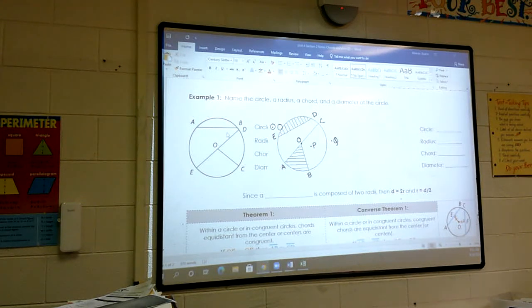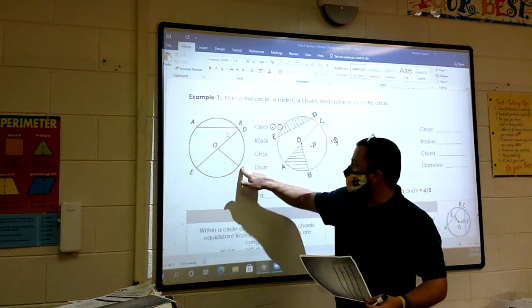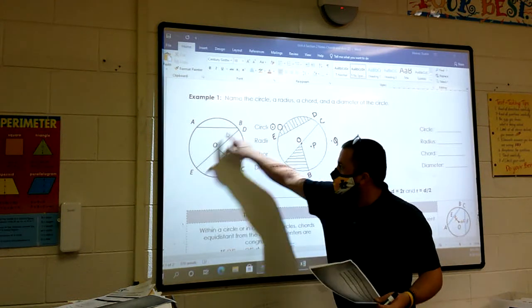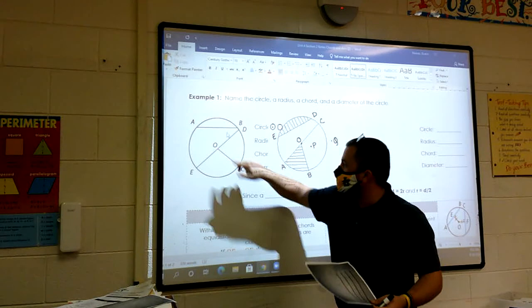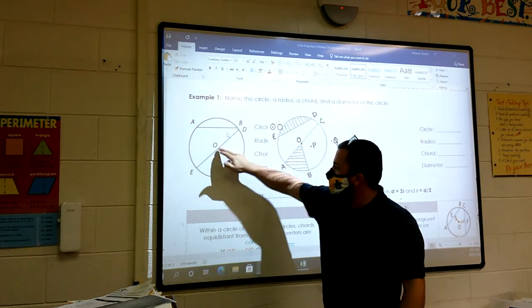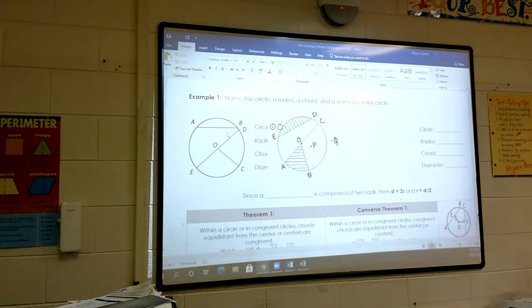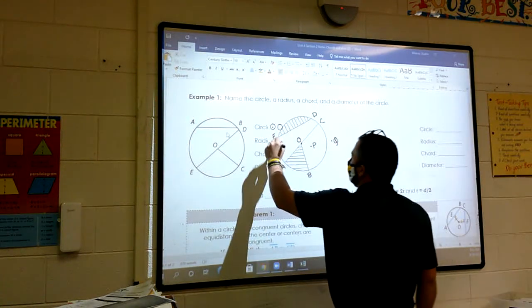The radius, I have three options. I could say OC, OD, OE, DO, EO, CO, however you name it. It's either this segment, or this segment. All those are radii, so that would be a radius. You could use either one, it doesn't matter. We'll say OC.